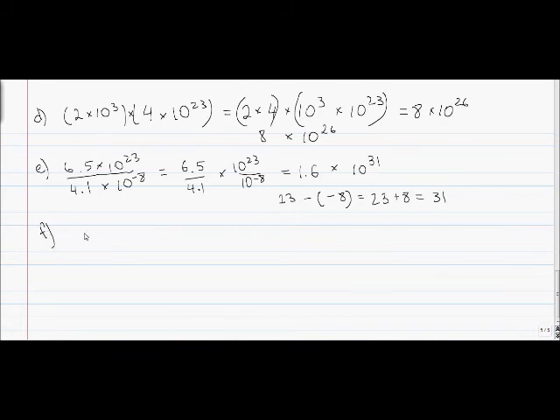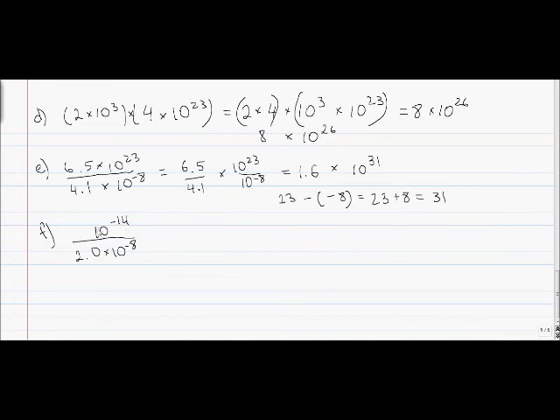Last, problem F. We have 10 to the negative 14 over 2.0 times 10 to the negative 8. In this case, notice the bottom part is scientific notation. On top, we don't really have scientific notation, it's just the exponential part.